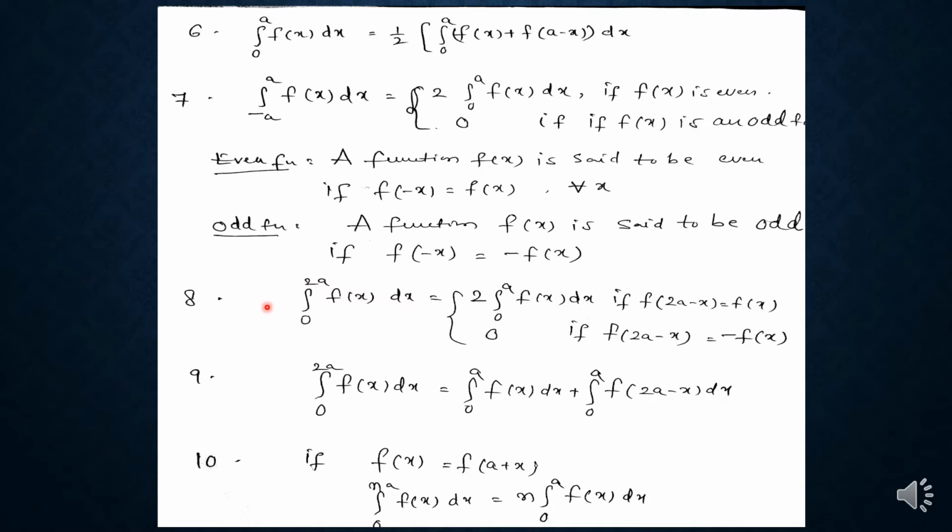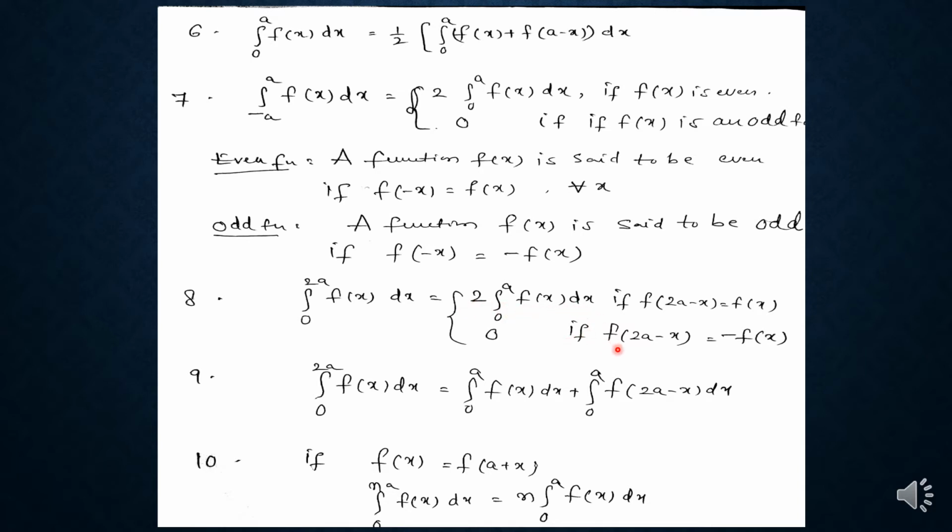Next, coming to the eighth formula, integral 0 to 2a of f(x) dx can be written as 2 times integral 0 to a of f(x) dx if f(2a minus x) is equal to f(x). If we substitute x equal to 2a minus x in the integrand and it equals the original function f(x), then it can be written as 2 times integral 0 to a of f(x) dx.